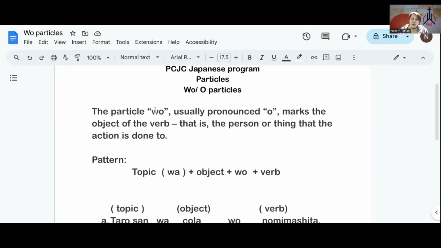Maybe you would ask why in writing it is wo, but in pronunciation it is o. This marks the object of the verb, our object marker, and that is the person or thing that the action is done to.